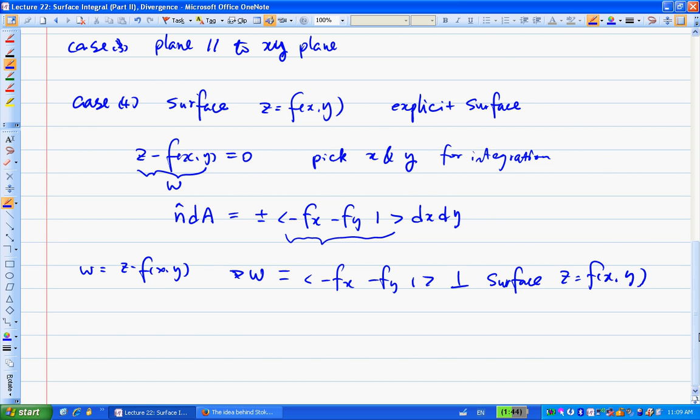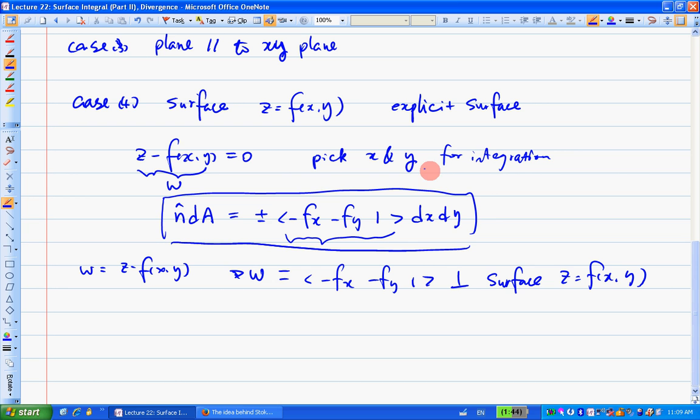Okay, so I don't want to confuse it here, but back to the results I'm going to show you. Back to the results here. Okay, n hat dA equal to this. I have a positive and negative here, basically meaning the n hat can be in two directions, right? Which direction we choose is based on the actual question.